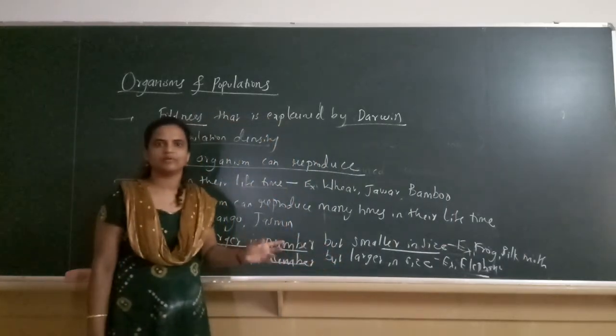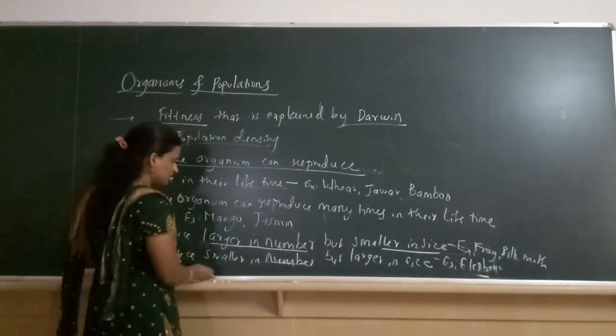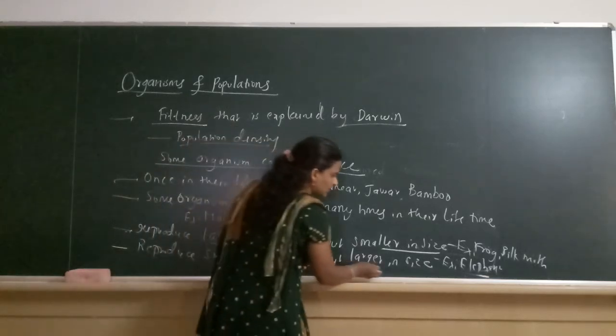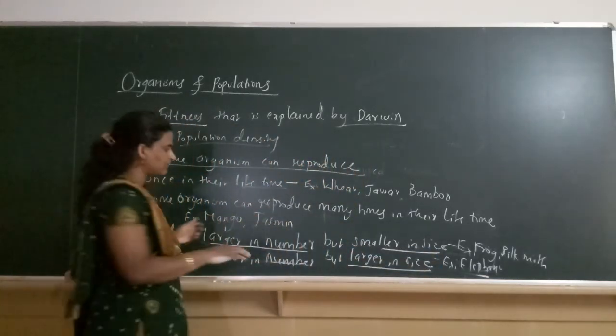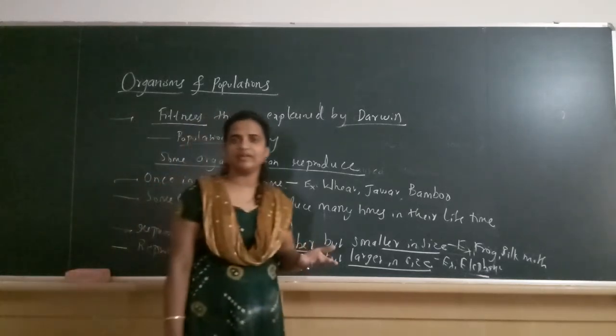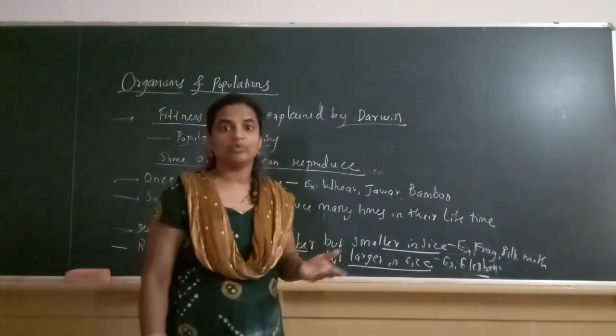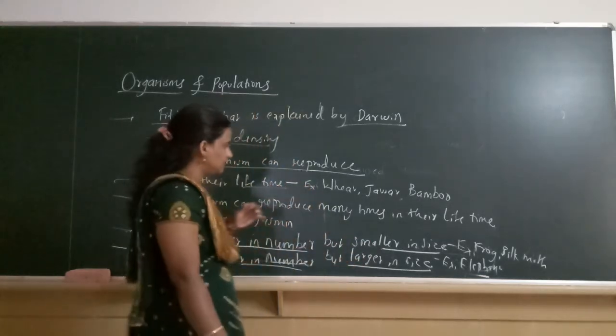Elephant. Elephant size is big, but their number is small. Means one elephant can reproduce how many? At most seven or eight come.